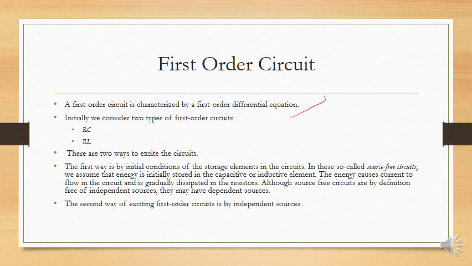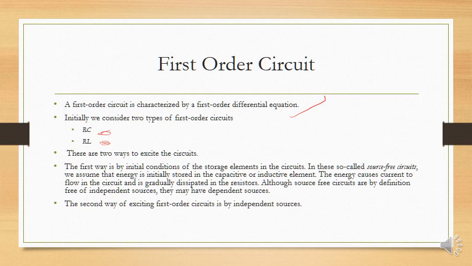So when we got RC and RL combinations in our circuits, then differential equations are going to form.